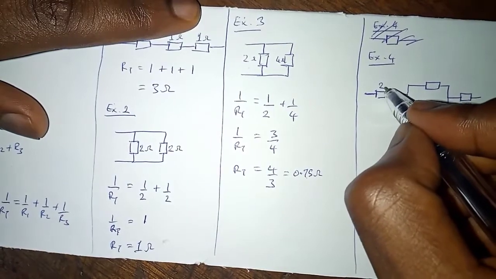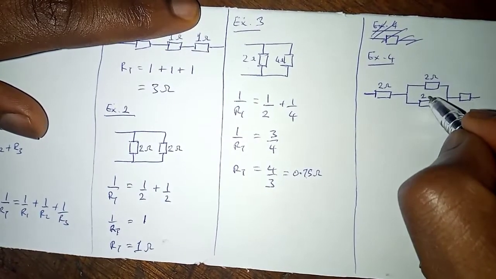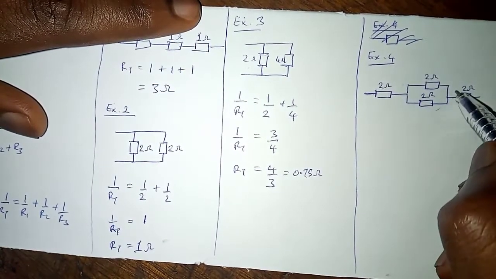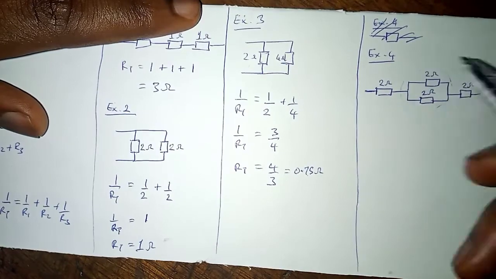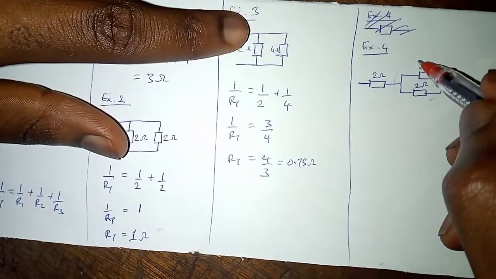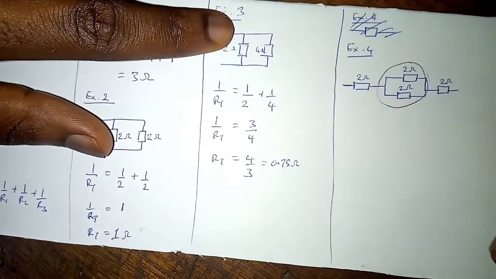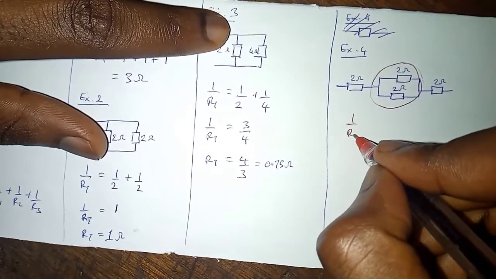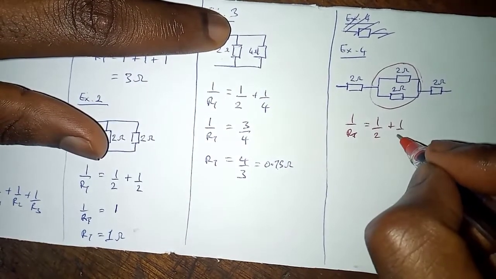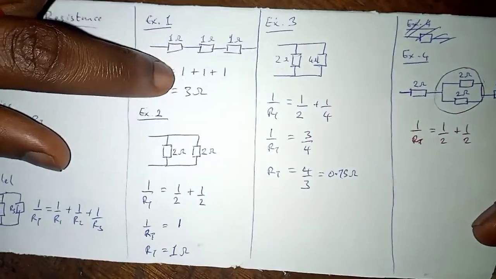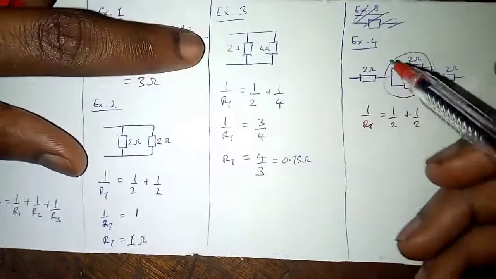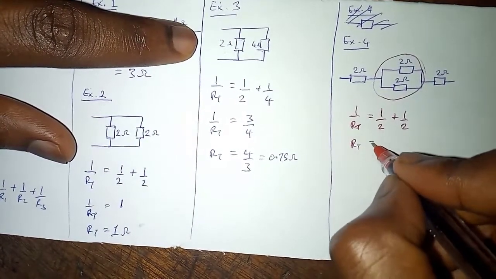So this is going to be 2 ohms, 2 ohms, 2 ohms, and 2 ohms. First of all, I'm going to solve for the resistance here. Solving for the resistance in this part, we have 1 over RT equal to 1 over 2 plus 1 over 2. We solve that here, and that gives us 1 ohm. So RT here is equal to 1 ohm.